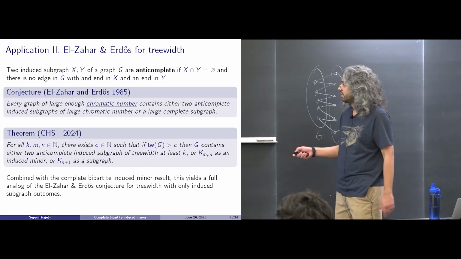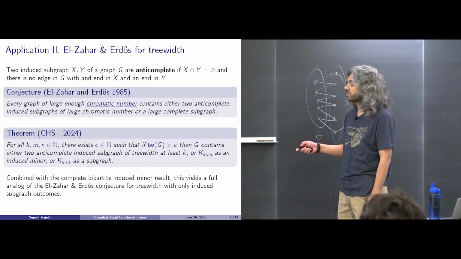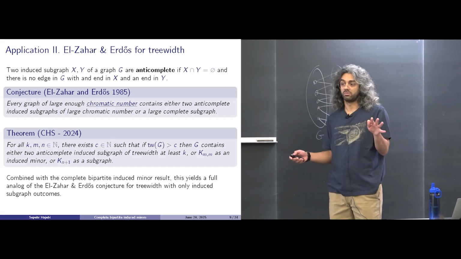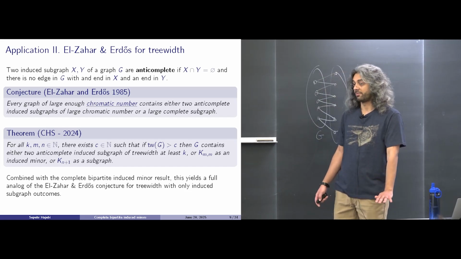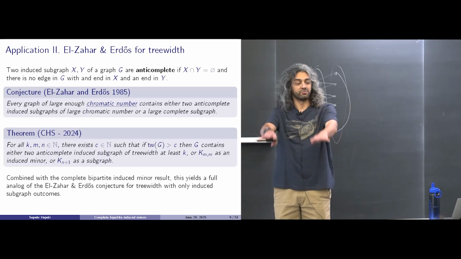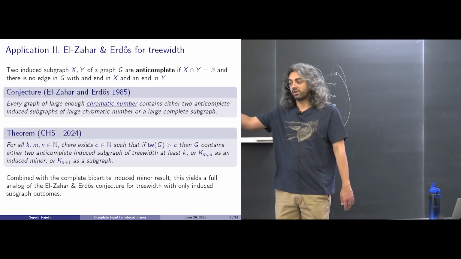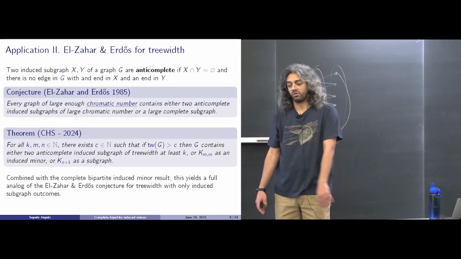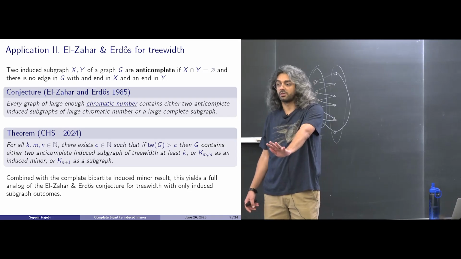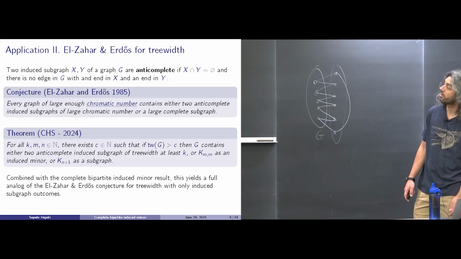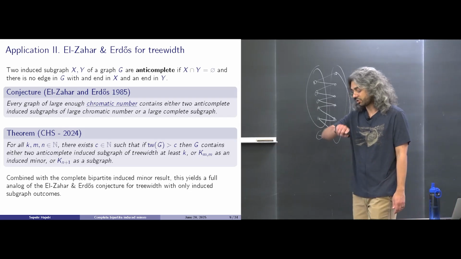Actually, it turns out that complete graphs, complete bipartite graphs, and one more construction is all you need to deal with when you're thinking about induced subgraphs. So every graph of sufficiently large treewidth has either two anti-complete induced subgraphs of large treewidth, or a large complete subgraph, or a large complete bipartite induced subgraph, or another counterexample that we have to be careful about. Okay, so these are the two applications.